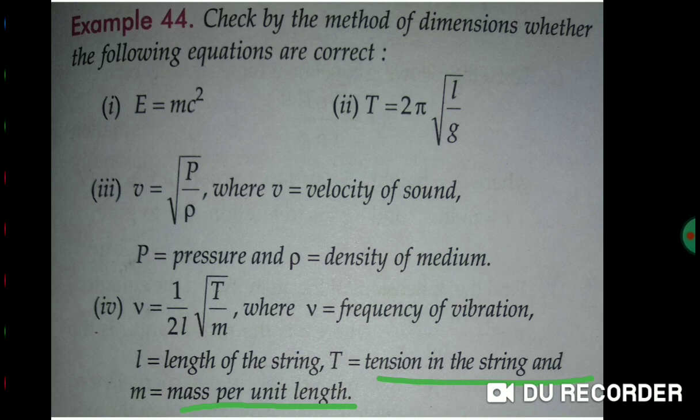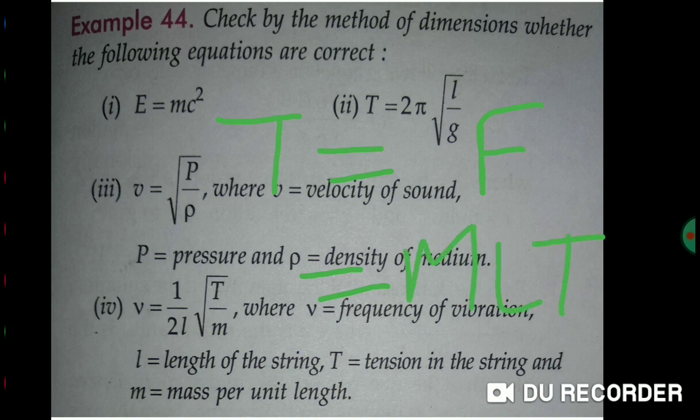So watch carefully. T is the tension, and tension is equal to force. Tension is a kind of force, so you can directly put the dimensional formula of tension equal to the dimensional formula of force, which is MLT^-2. Okay, did you note this down?